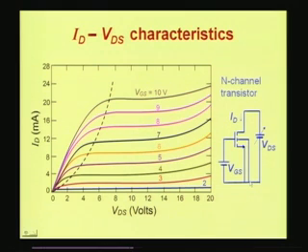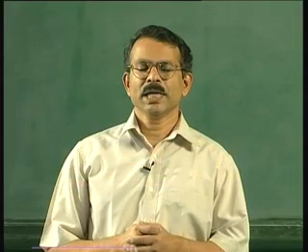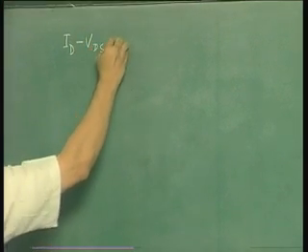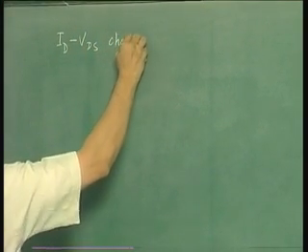So the characteristics involve drain current versus drain to source voltage for various values of gate source voltage. Now let us see how we can develop these characteristics. So ID VDS characteristics.